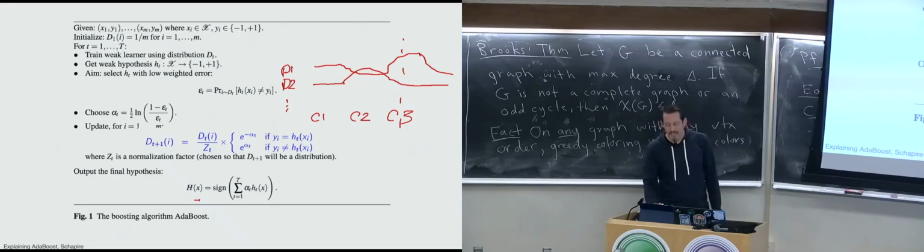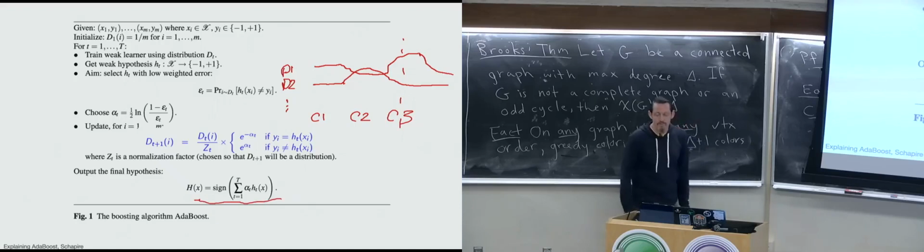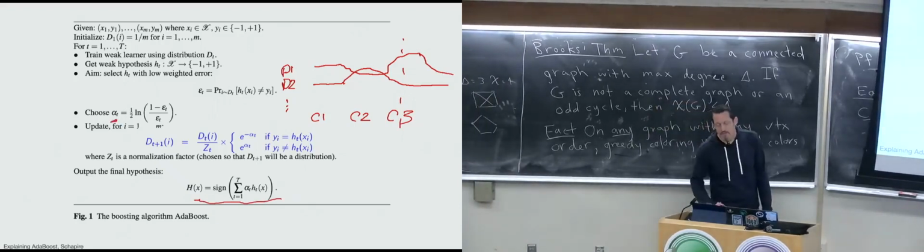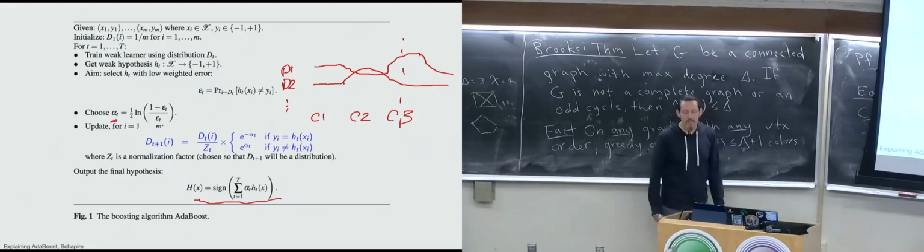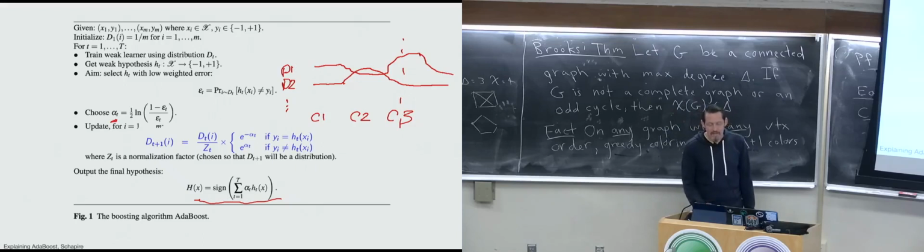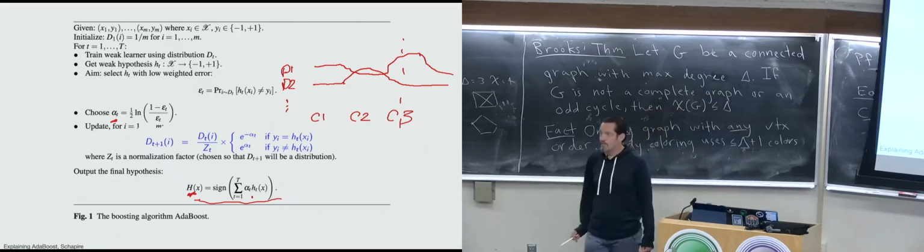When it's test time, this is our situation. We kept all those alphas around too, the misclassification rates. And we're going to use those alphas again to weight the output of our whole ensemble as a sum over all the individual members of the ensemble weighted by their misclassification errors.